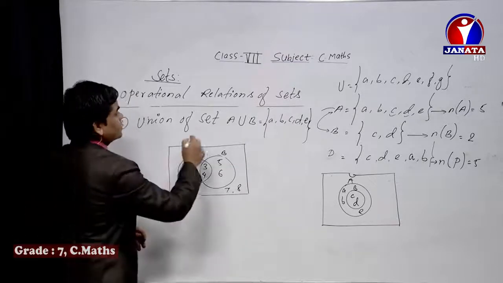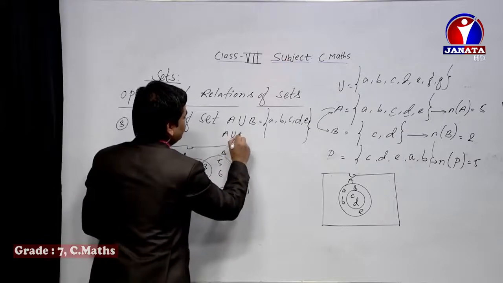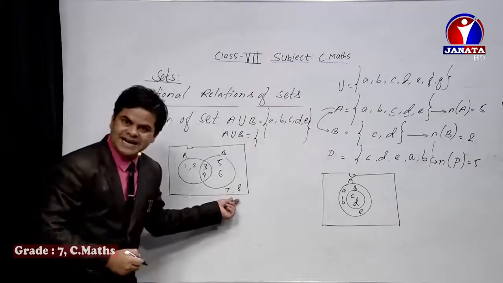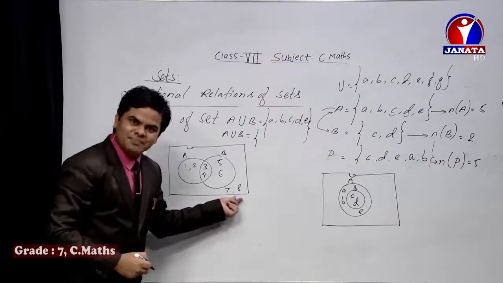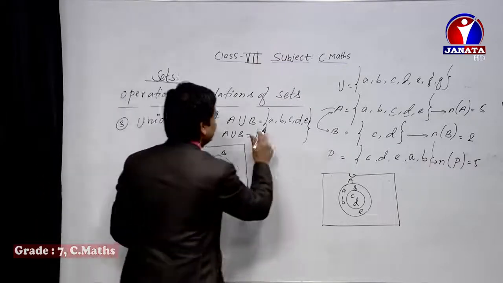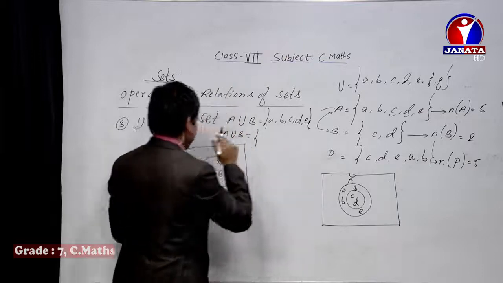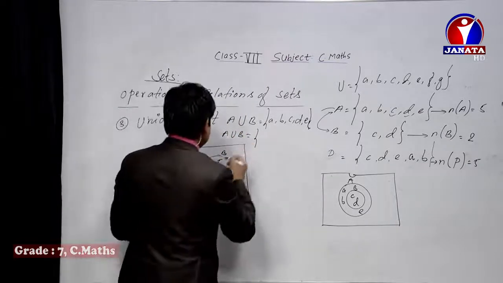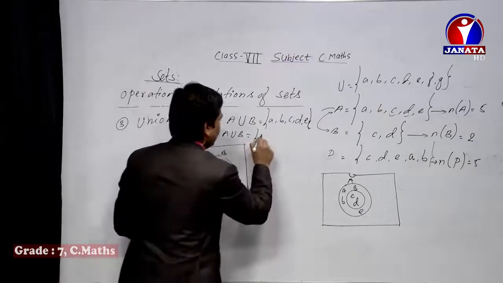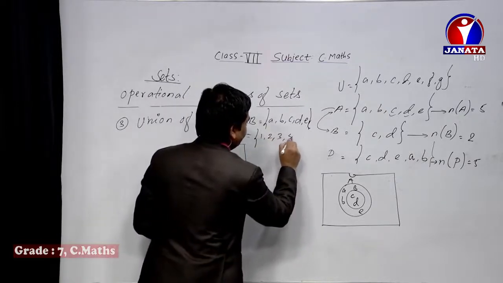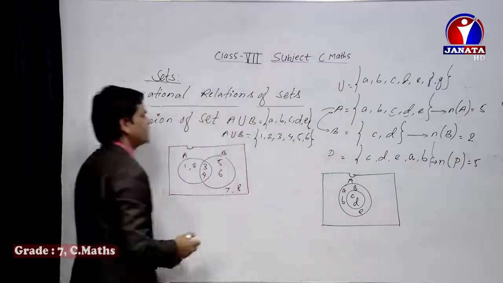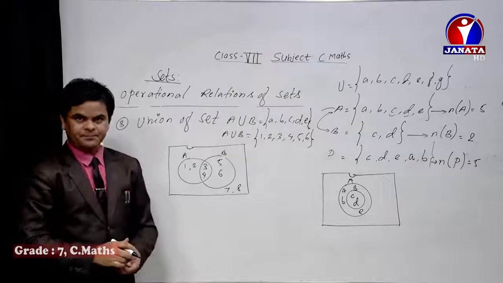So if you want to write A union B, then take the elements of the A and B sides. If we keep those elements, that is known as the elements of A union B. So let's start writing 1, 2, 3, 4, 5 and 6. That much. So this is known as A union B.